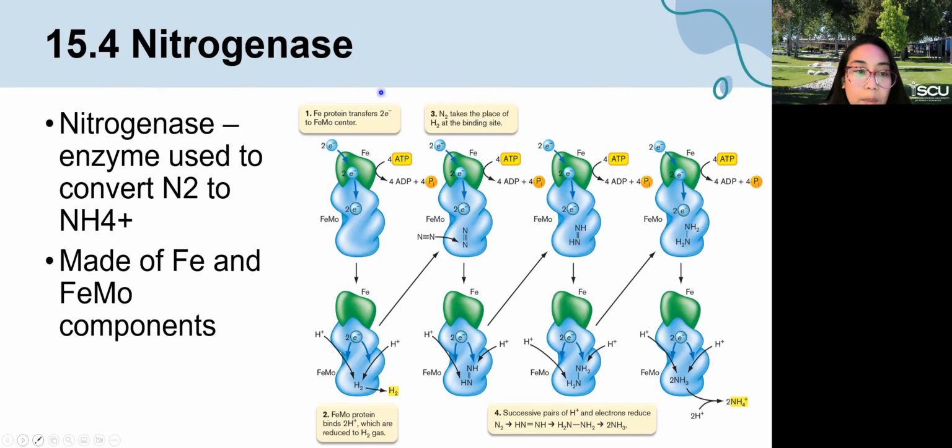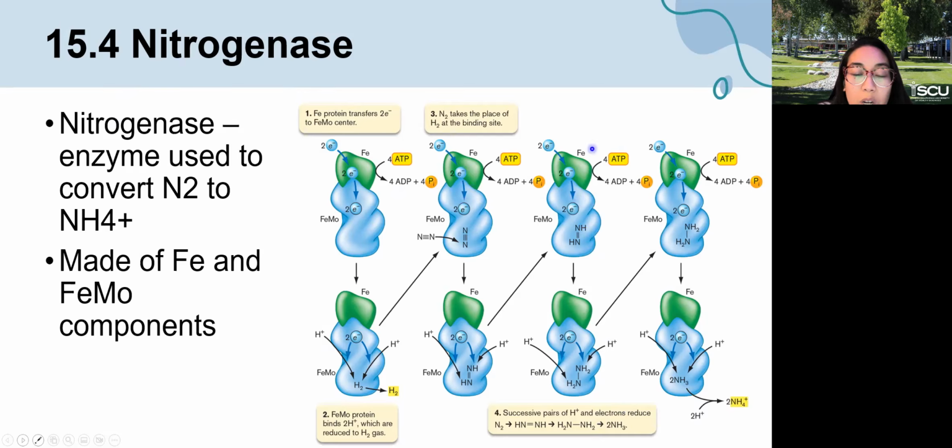Now, bacteria that can do nitrogen fixation, so they have this enzyme, regulate this process very tightly. And the reason why is because the nitrogenase enzyme is very sensitive to oxygen. If oxygen is present, this usually doesn't work. And the reason why is because oxygen is a very strong electron acceptor, right? And notice that we're playing with electrons here.